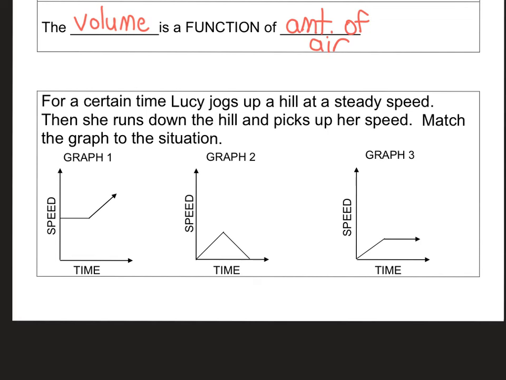So when the speed over time is like this, that indicates that it's constant. It's not changing. Her speed is not changing. And then over time, it's increasing right there. So that's what graph 1 says. So graph 2 shows here it's increasing.